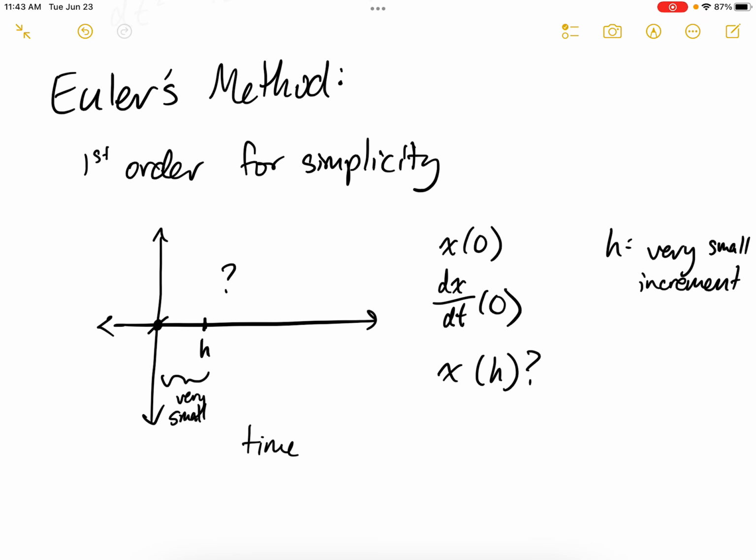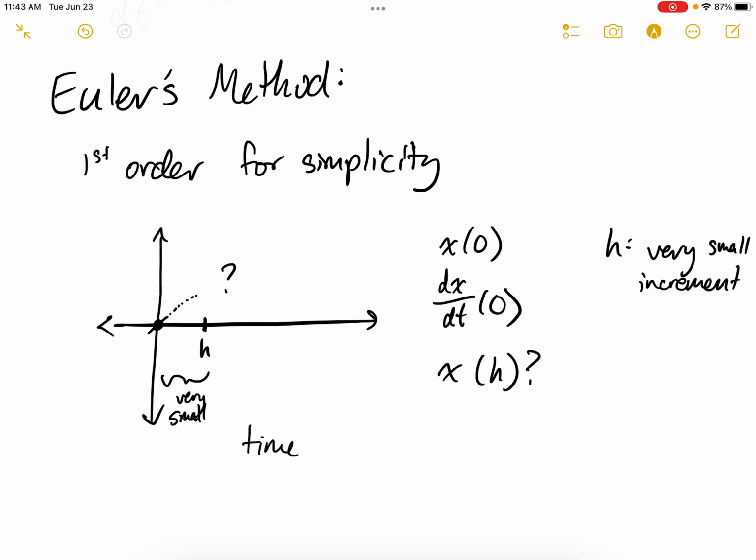If we know the slope at 0, and we know that h is very small, then we can assume that over this very small span, the slope is probably pretty similar to what it is out here.